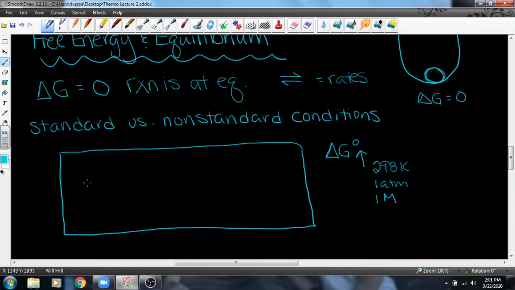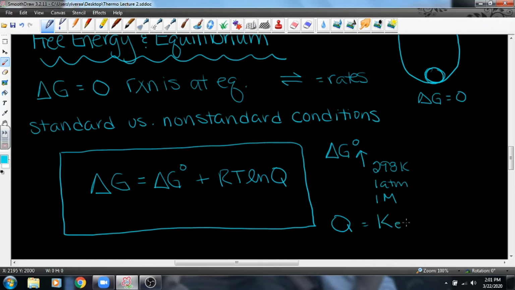So again, we don't have to derive this, but we can actually get delta G if we are at non-standard conditions. If we take the delta G under standard conditions and we add to that R, T, ln of Q. Remember, Q is basically the same thing as our K if we are at equilibrium.